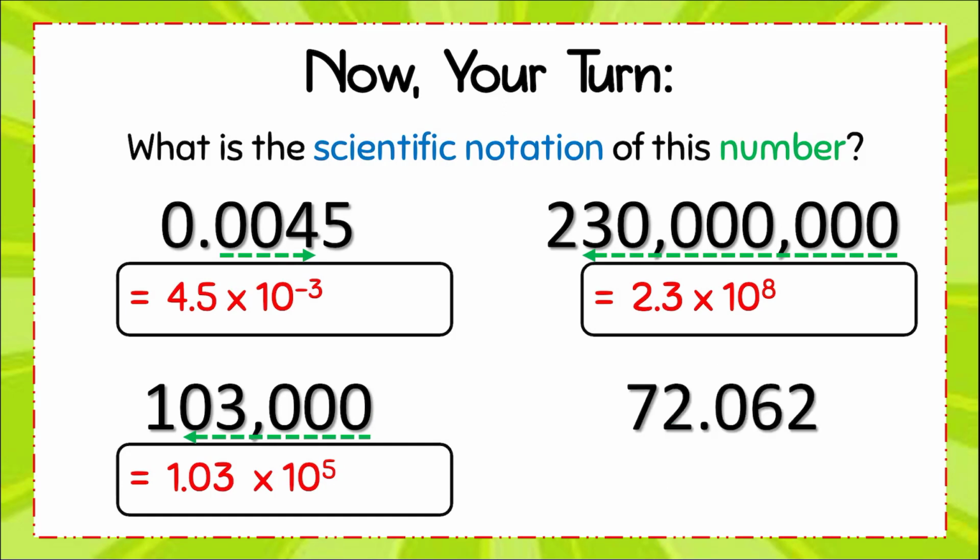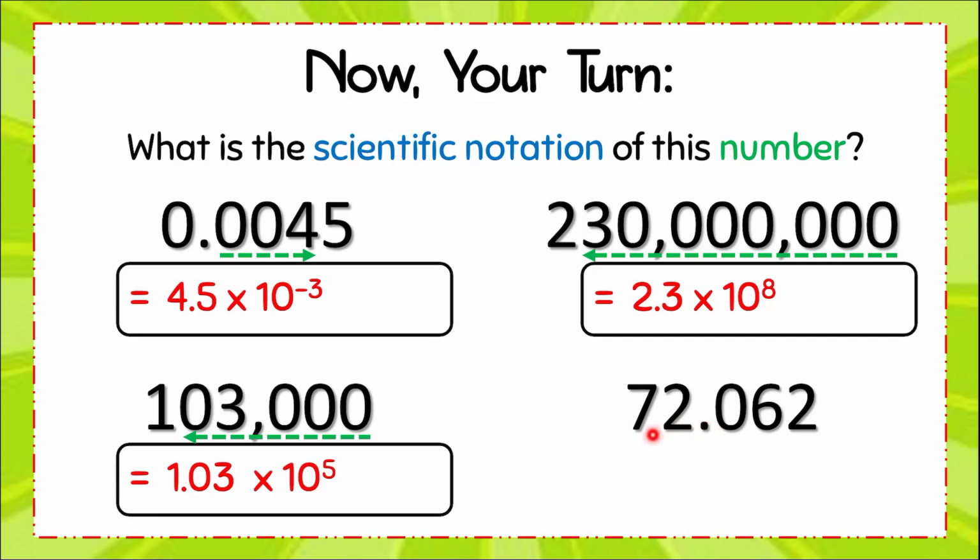Next, what about this one? 72.062. Now you change the decimal, right? It cannot be more than 10. So 72, no. It will turn out to be 7.2062. You count all of it. But then you change from big to small.